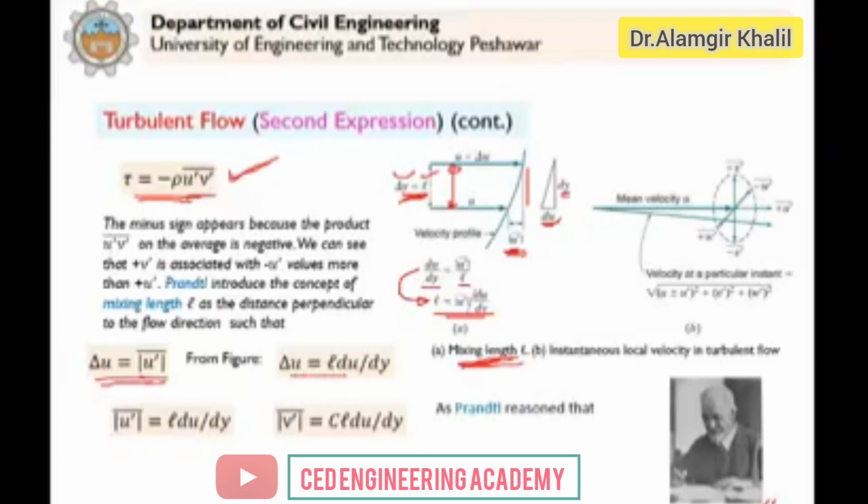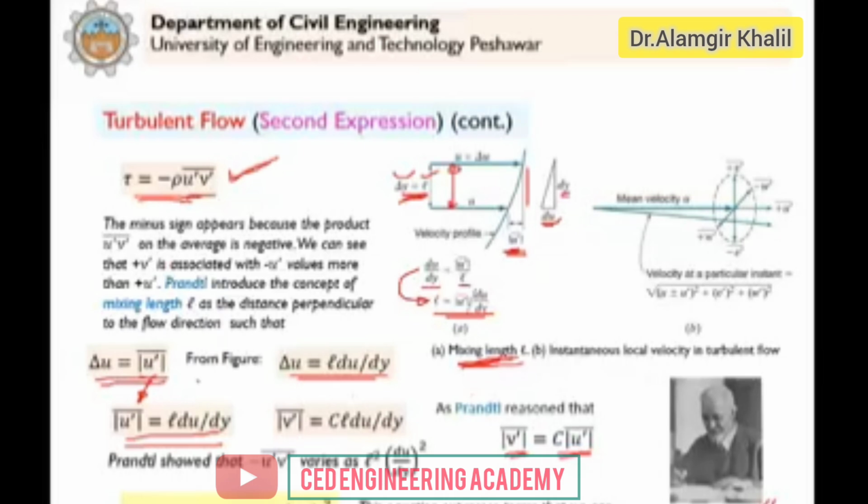So now delta u is equal to L into du by dy. And from this equation here, again we have u dash bar that is equal to L into du by dy. So this is the value of u dash bar. Prandtl also reasoned that this fluctuation in the y direction will be equal to some constant times the fluctuation in the x direction. Clear?